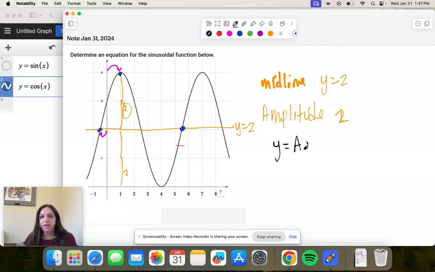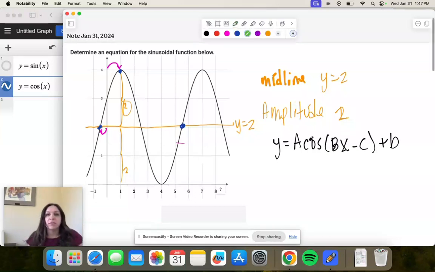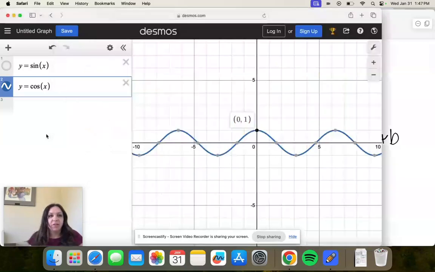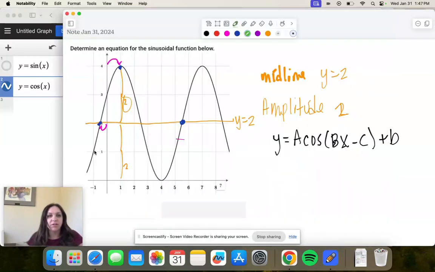So it's a cosine of bx minus c plus d. Okay, so we already got a is amplitude, and look, we're increasing, so it's positive. So positive 2, and our midline is plus 2 as well, right here.